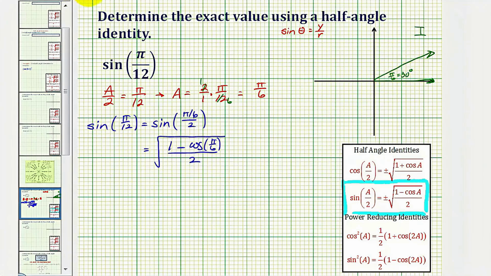So if we sketch a reference triangle, we need to recognize that we have a 30-60-90 reference triangle. So we can label the short leg 1, the hypotenuse 2, and the longer leg square root 3. So using a reference triangle, cosine of pi over 6 radians is equal to the ratio of the adjacent side to the hypotenuse, which would be square root 3 divided by 2.